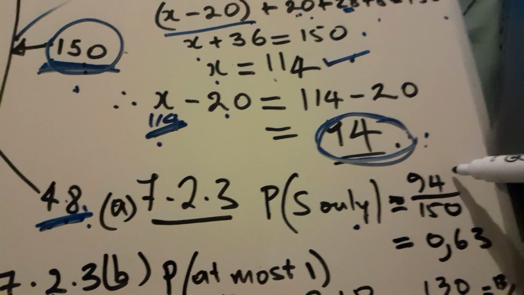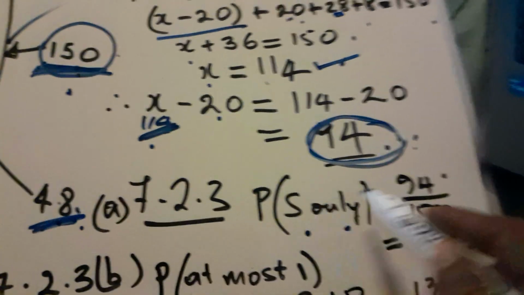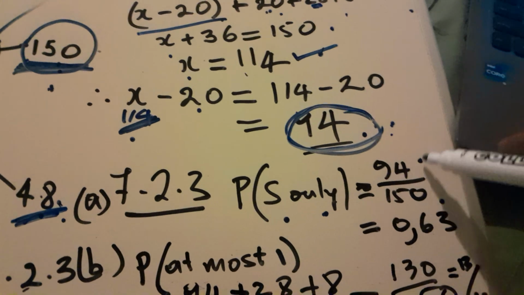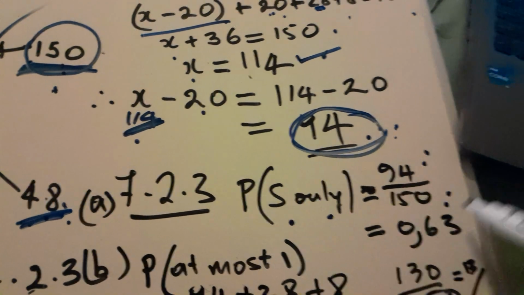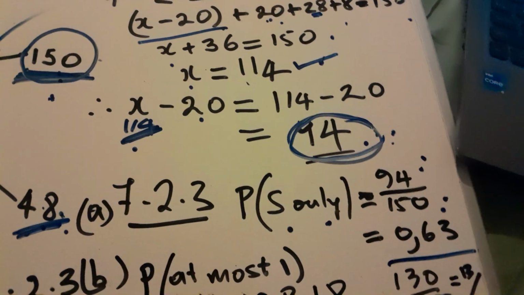So we're saying we have 94 who own smartphones only out of a sample space of 150, giving me 94 out of 150, which goes down to 0.63. That's your probability.